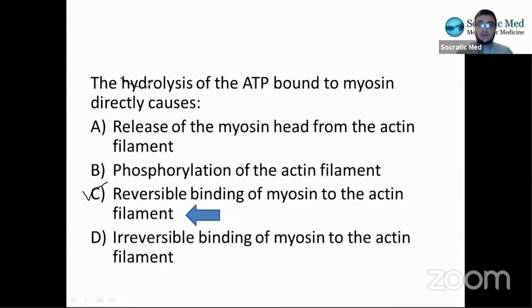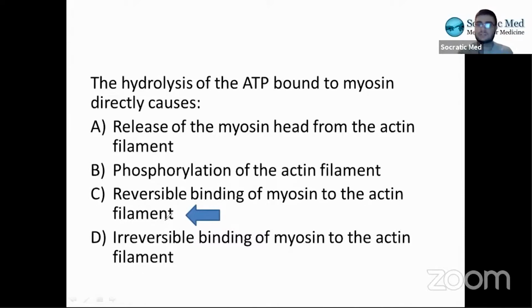So first, ATP binds, and causes A, release of the myosin head from the actin filament. Then it hydrolyzes, and then it causes binding of the myosin to another active actin filament, right? To the next one in line, right?